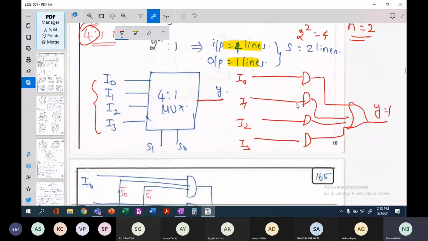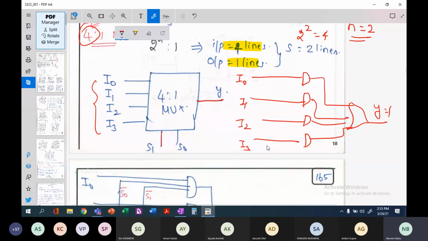Now the selection of these input lines is dependent on my select lines. So this is my S1 and this is my S0, sorry I don't have space. When it is 0, 0, this line will be selected. When it is 0, 1, this will be selected. When it is 1, 0, this will be selected, and for 1, 1, I3 will be selected.